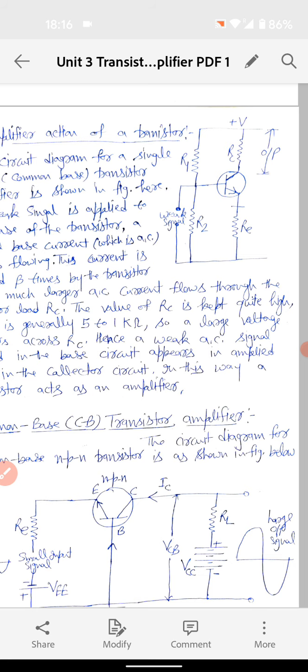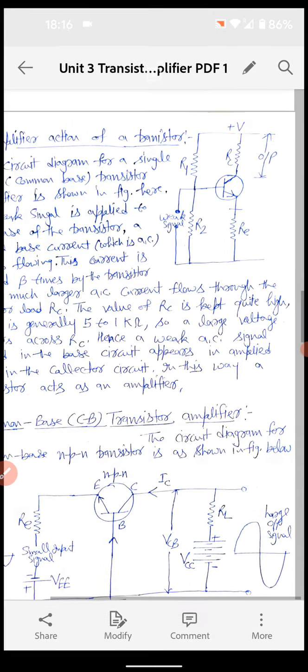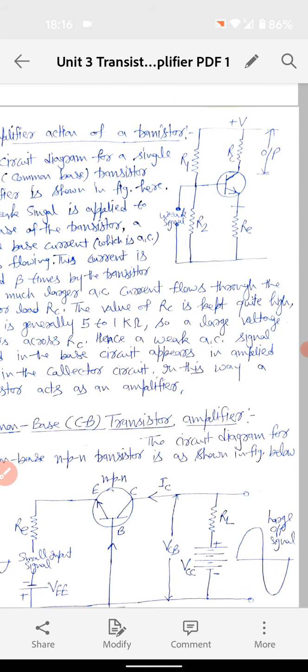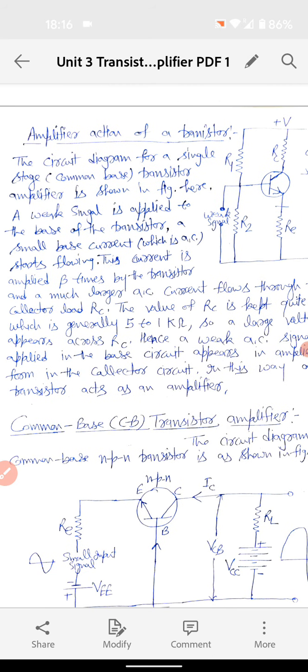Therefore the voltage which appears across that resistance will be large. In case of common emitter, the input current is small and gets beta times amplified at the output. Corresponding to that large current, the voltage which appears across the load resistance will be very large. So that small input voltage gets amplified to a large voltage, and that's how a transistor acts as an amplifier.